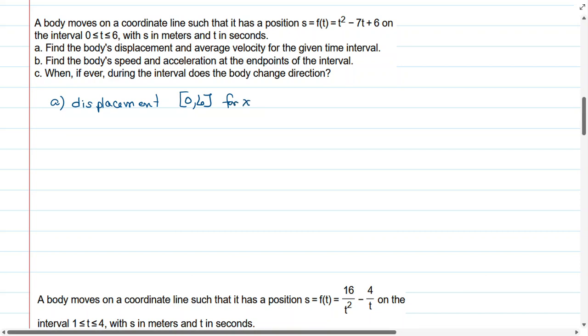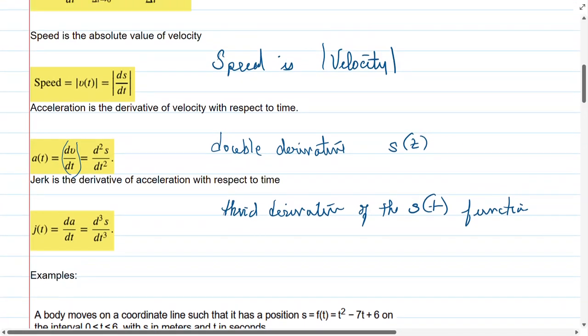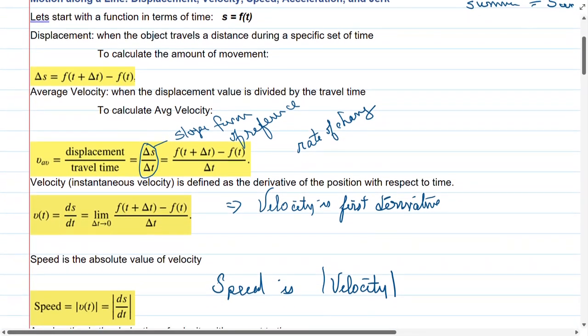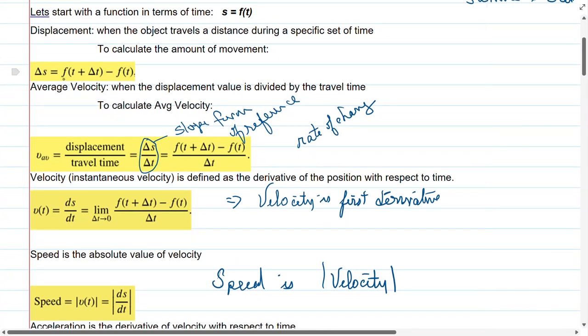Okay, so we want to use our calculator because I don't want to make a mistake. So we want the S of 6 minus the S of 0. Okay, now let's look up here and make sure. There it is. The displacement is the difference of the outcome. Okay, is everybody comfortable with that? All right.